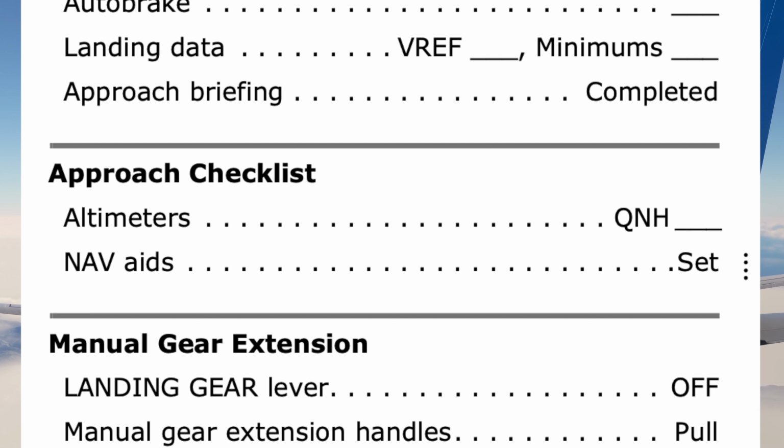Approach checklist. Altimeters 2994. Nav aids set. Approach checklist complete. Next, manual gear extension checklist.